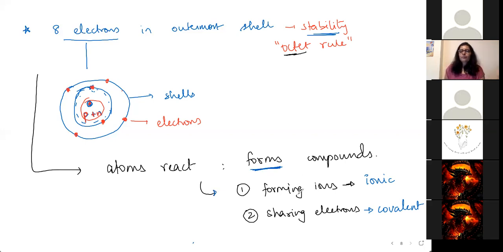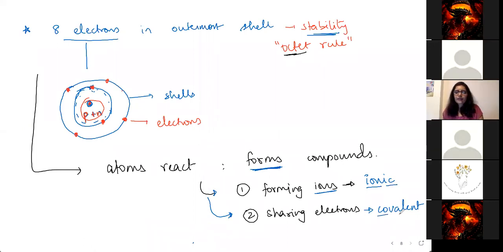Matlab, they form ions, either positive ions or negative ions, or they can share electrons with each other. So if they take the first route, जो भी compound बना उसको हम बोलते हैं ionic compound, क्योंकि ion से बना हुआ compound. If they have shared electrons, we call them covalent compounds or covalent bond.